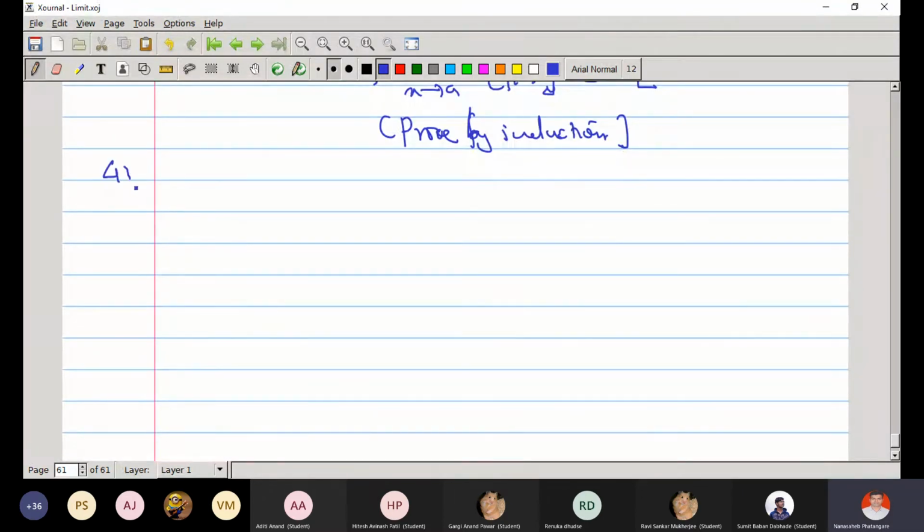But now we are interested in fractions. So what we are interested in: what is the limit x tends to a, f of x raised to half? That means limit x tends to a, root of f x. What can you say about this limit?